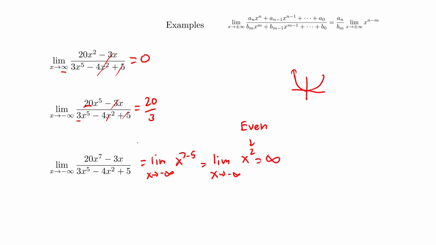And as I said, technically there is a 20 over 3 out in front here, but 20 over 3 times infinity is just infinity, so that doesn't matter. I suppose one thing where it might matter is if this was a negative sign here. So it's something that you do want to consider, but that's how we can take limits of rational functions.